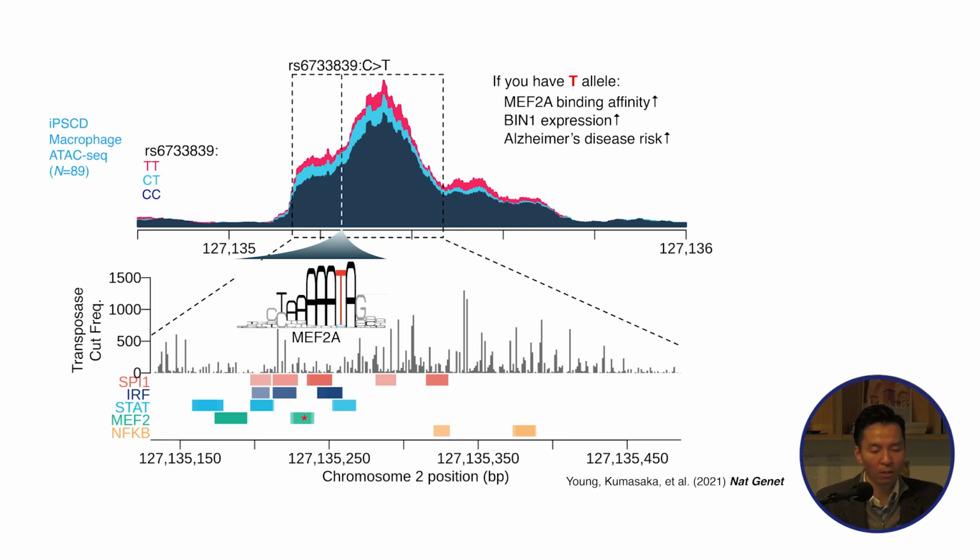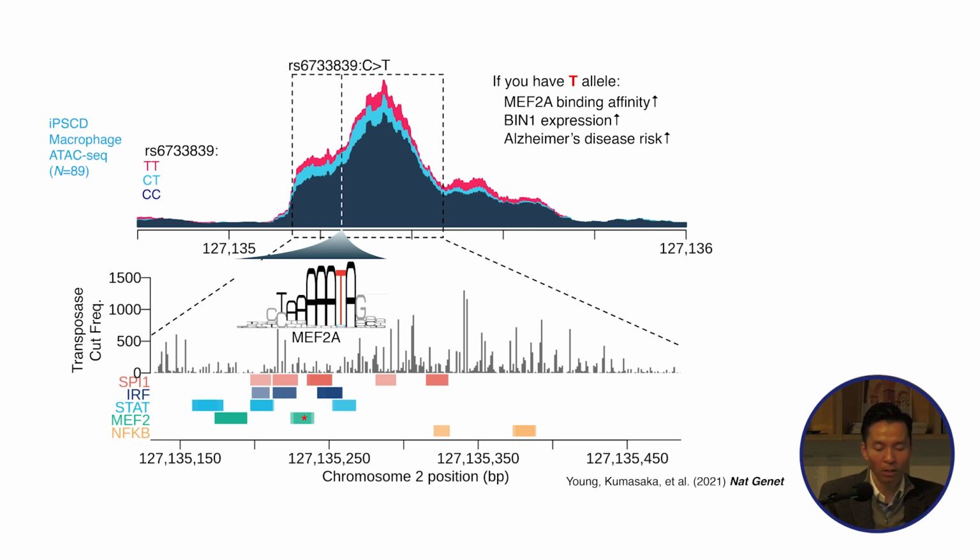Actually, there is a MEF2A transcription factor binding motif underlying this SNP, and the T allele is more preferable than C in this example. And we've also scanned multiple transcription factor binding motifs around this peak, and we've also found SPI1, which is a key lineage transcription factor for macrophages and microglia.